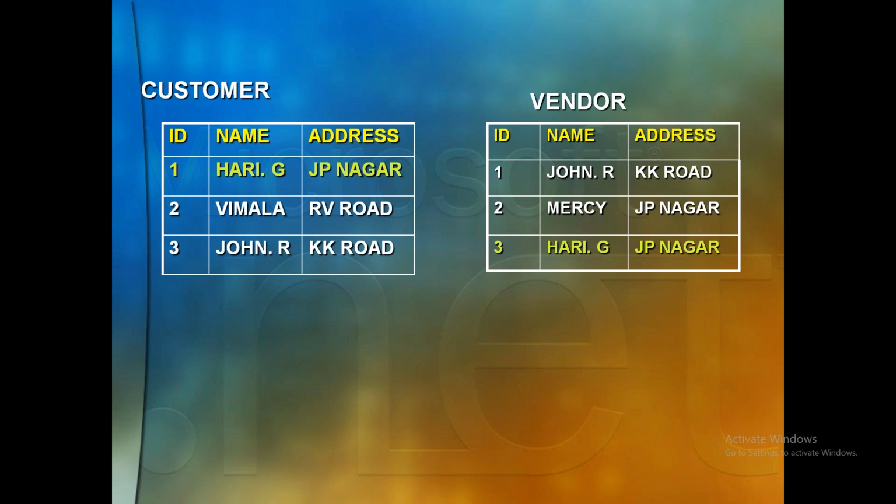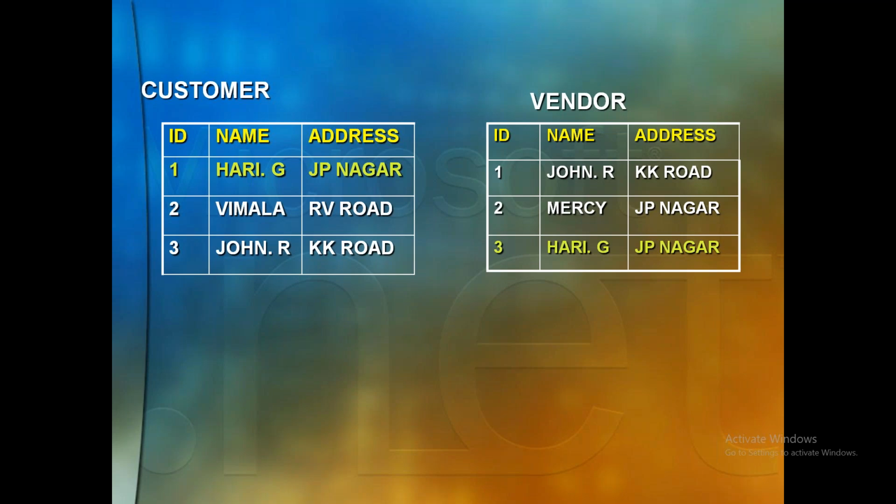That means no primary key foreign key relationship between these two tables. It is ID primary key in this table. This is ID primary key in this table. These two are independent tables. Clear? But I wanted to get name, address from this table, name, address from this table. I wanted to get name comma address from both tables.